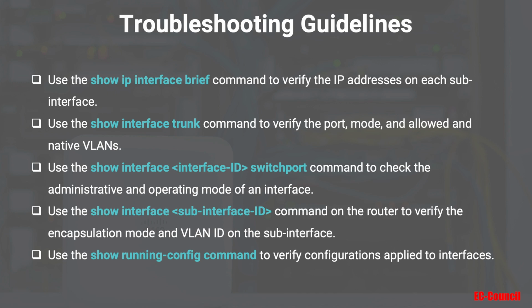Use a show interface followed by the interface ID and switchport command to check the administrative and operating state of an interface of a switch. You can also use a show interface sub-interface ID on the router to simply verify the encapsulation mode and VLAN ID of the sub-interface. You can also use a show running-config command to verify the configurations applied on the sub-interfaces.